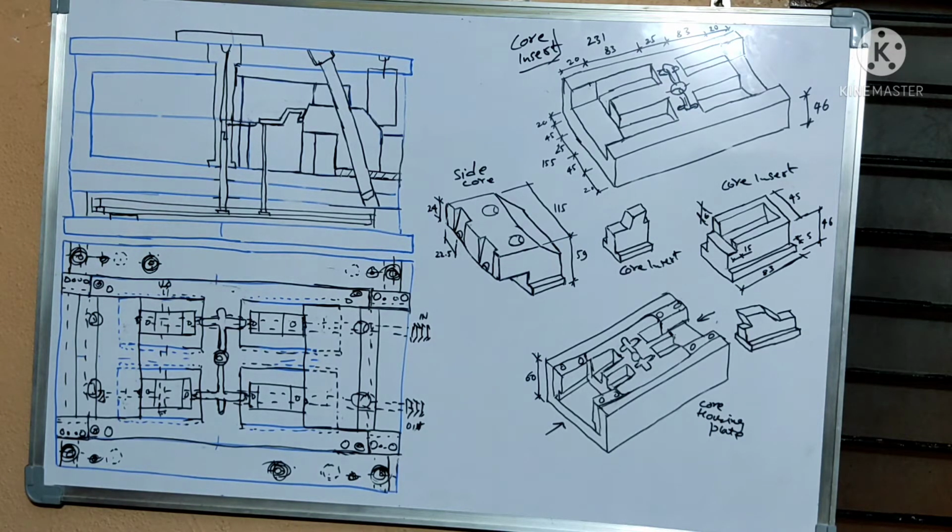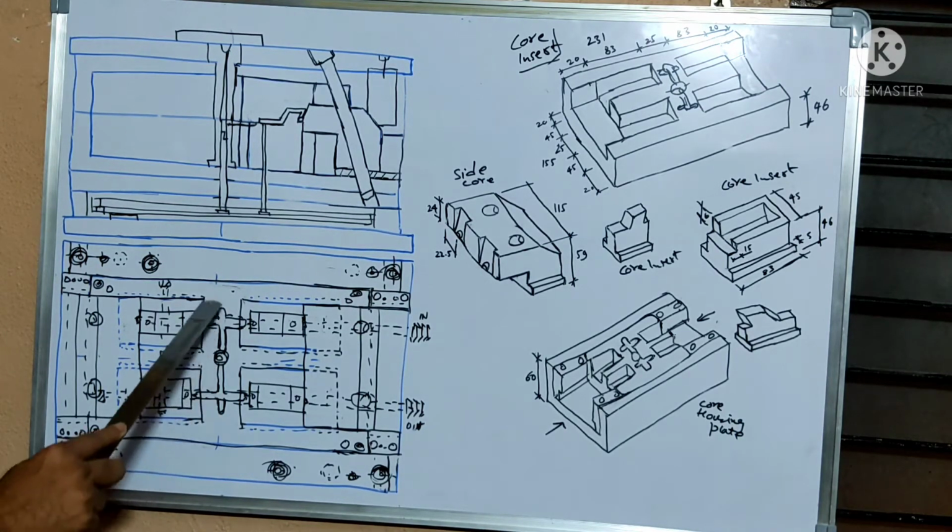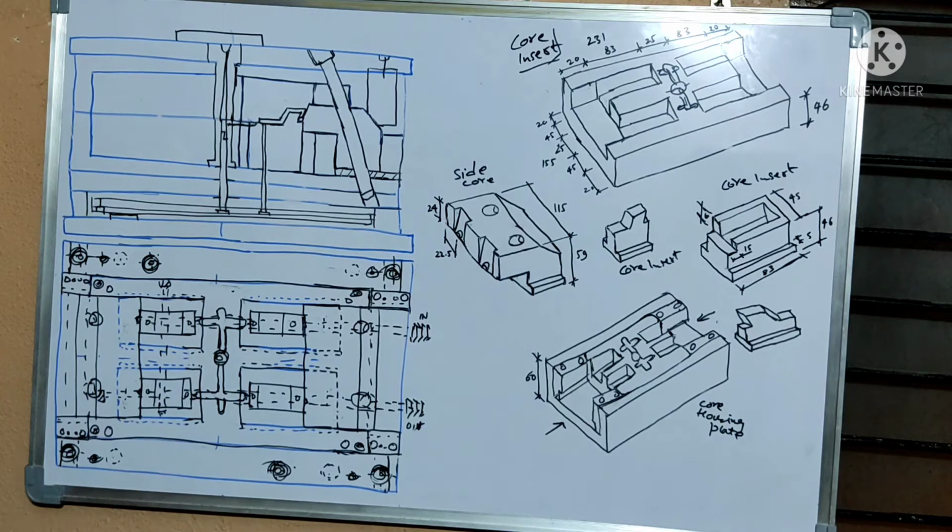Okay. In this tool you are observing the runners are placed, the main runner is placed along with two sub runners for each cavity.